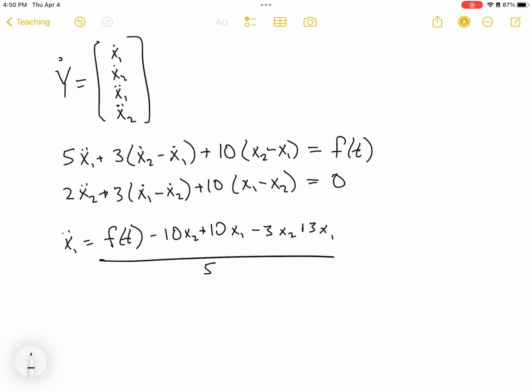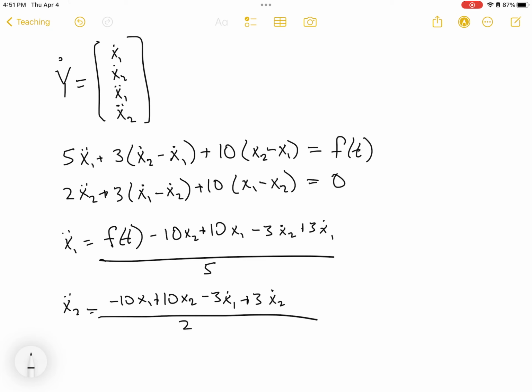x2 double dot is going to equal minus 10 x1 plus 10 x2 minus 3, sorry, x1 dot, there should be dots up here as well, plus 3 x2 dot, and the whole thing is divided by 2.